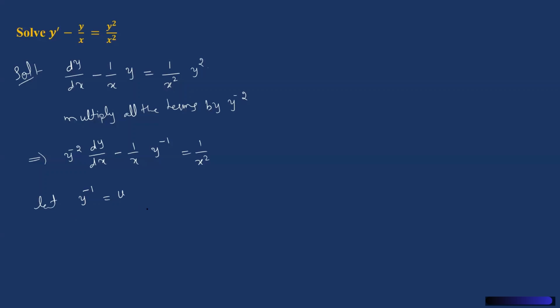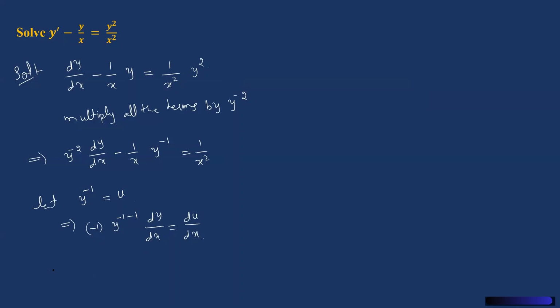Now when I take this substitution, if we differentiate this on both sides, the differentiation of y power minus 1 is minus 1 into y to the power of minus 1 minus 1. See, it is n into x to the power of n minus 1, the same formula. Then if you differentiate y, it is dy by dx is equal to du by dx.